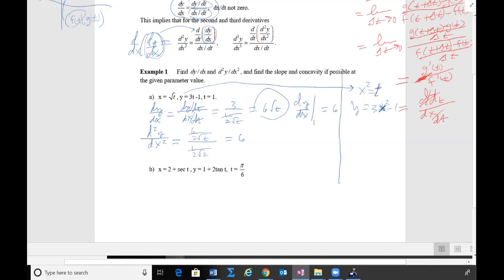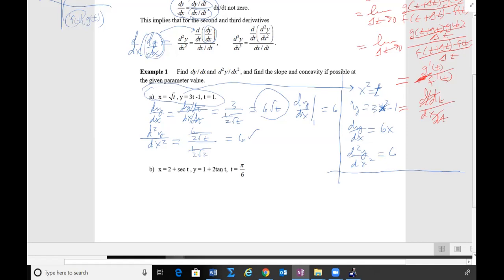And we now have the rectangular form for this parametric set here. So dy dx would just be 6x. Now notice since x is root t, that's exactly what we have here, 6 root t. Second derivative, and by the way, at t equals 1, x equals 1, so we'd have the same derivative. Now the second derivative would be a 6, which matches this one. So what we did is consistent. Everything's good.